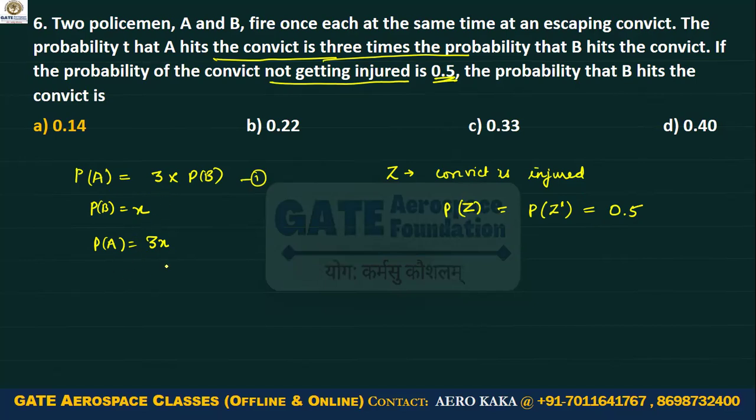Right. And the probability of B prime, that is, okay, what is the probability of A? That is, A hits the convict. So P of B is B hits the convict. Probability of B prime is B does not hit the convict, which becomes 1 minus x.